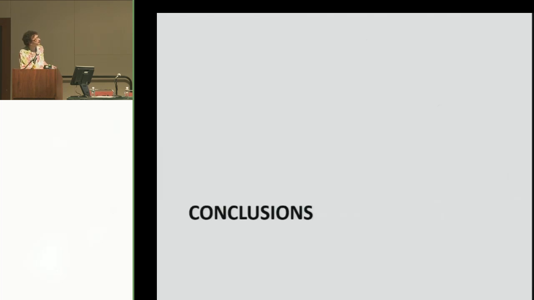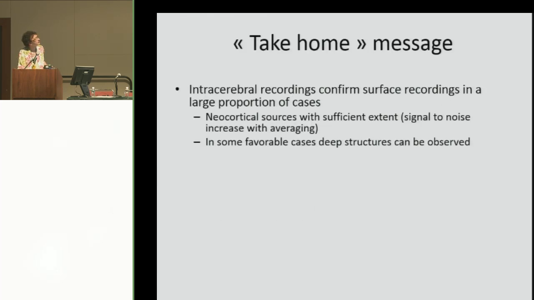So in conclusion, the take-home message would be that intracerebral recordings confirm surface recordings in a large proportion of cases. So the intracerebral recordings confirm that these are useful tools clinically or in basic research. The main sources we will see are neocortical sources with sufficient extent, with a signal-to-noise ratio which increases accordingly.